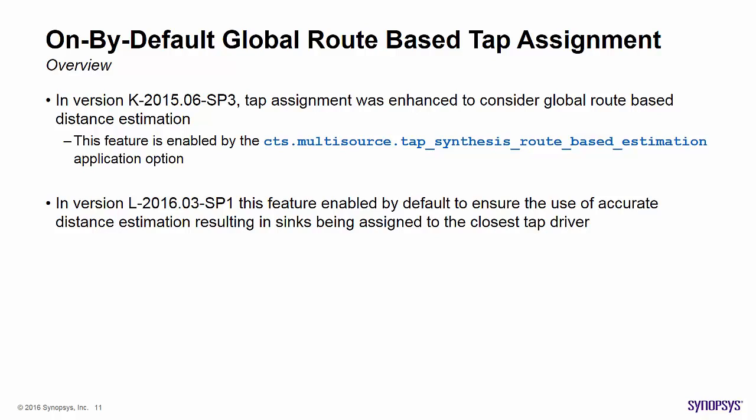This feature enables accurate distance estimation resulting in sinks being assigned to the closest tap driver. Global route-based tap assignment is enabled by the CTS.multisource.tap synthesis route-based estimation and is on by default in 2016-03 SP1.